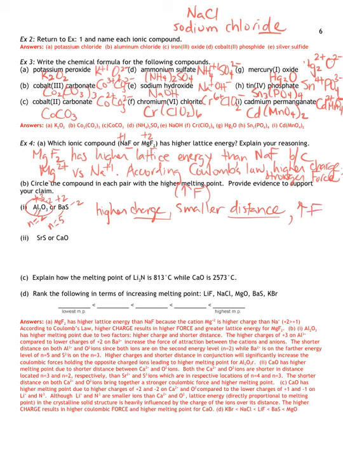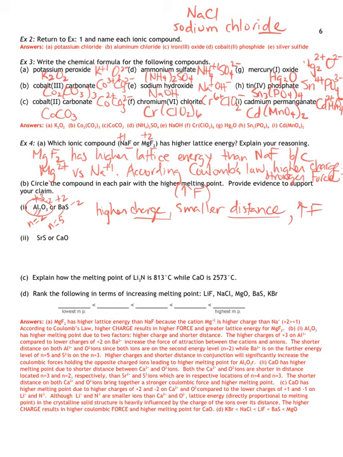Now let's go to Roman numeral 2. Strontium sulfide, look at strontium and sulfide on the periodic table. You're always matching the periodic tables. And then calcium oxide. Oh yeah, calcium oxide is definitely smaller. They both have the same charges.